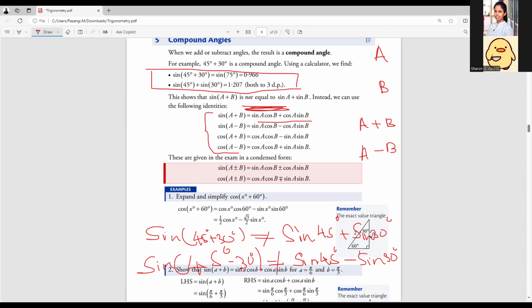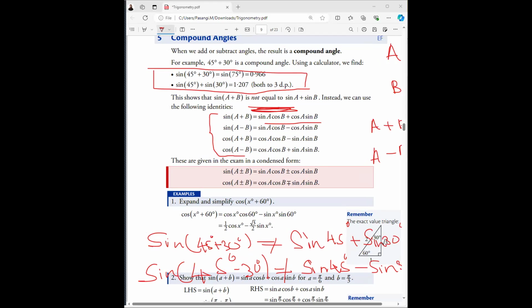Sine A plus B is equal to sine A cos B plus cos A sin B. That is the first.